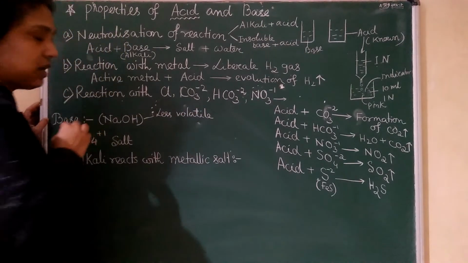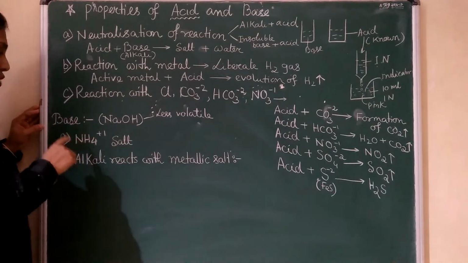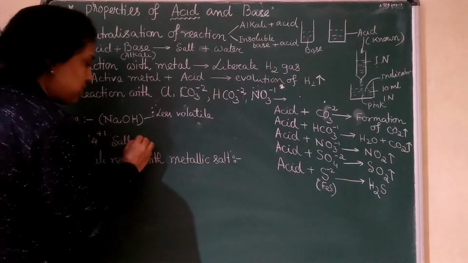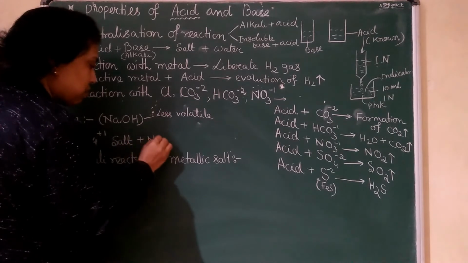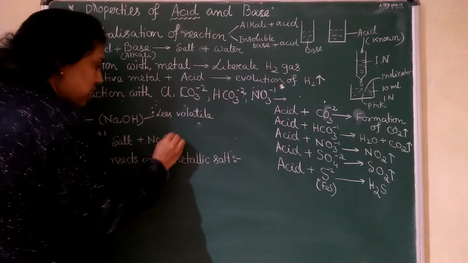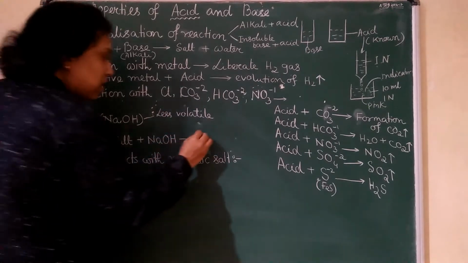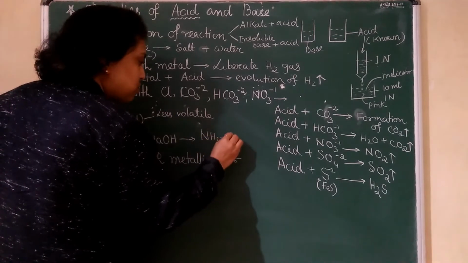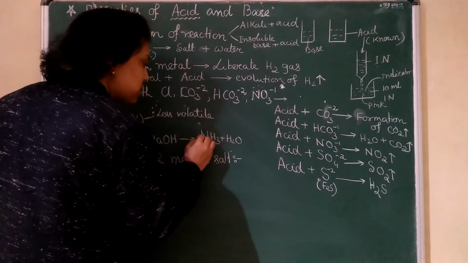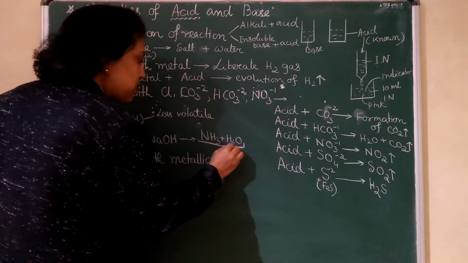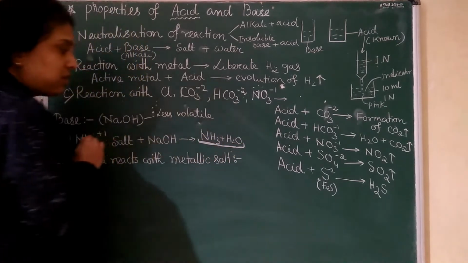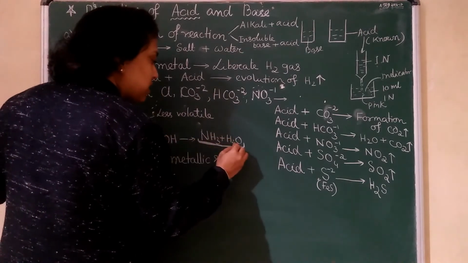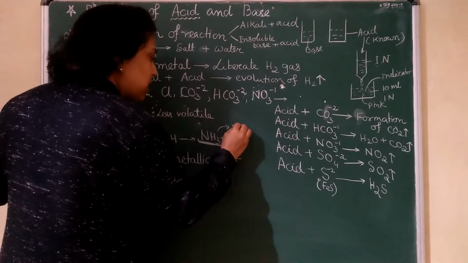So when this reacts with any ammonium salt, what will it liberate? Ammonium salt plus NaOH will give you ammonia, the gas formed, plus H2O. But as soon as this forms, since it is very volatile, it will convert into ammonium hydroxide.